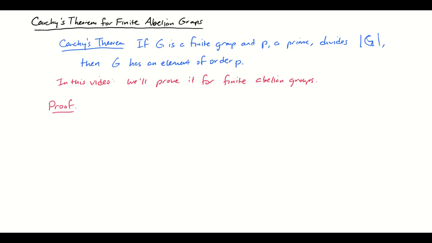So we're going to use a strategy kind of like induction here, except instead of calling it induction, we're going to use a minimality argument. We're going to say, suppose that there is a group that violates this theorem.